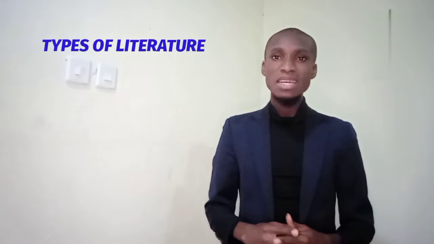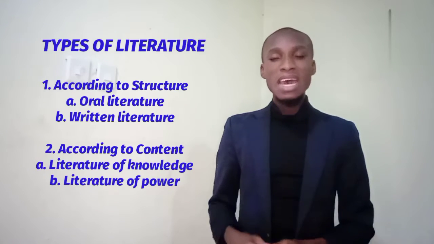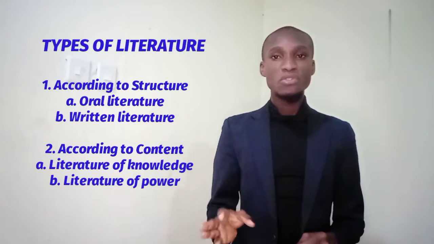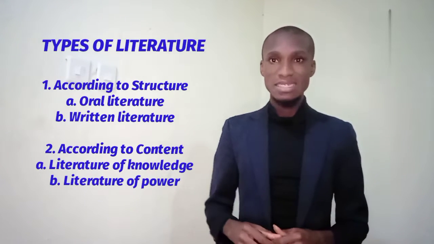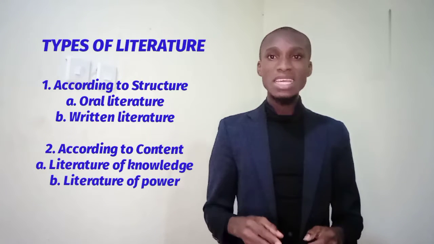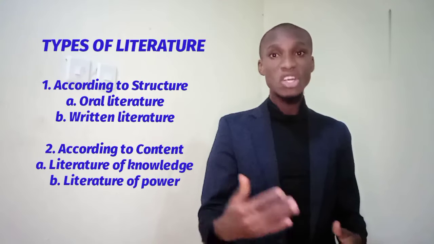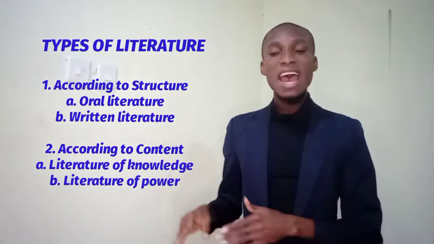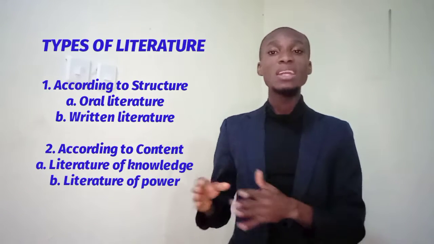I will divide the types of literature into two: according to structure and according to content. When I say according to content, I am talking about the literature of power and the literature of knowledge. When I say according to structure, it is the oral literature and the written literature.